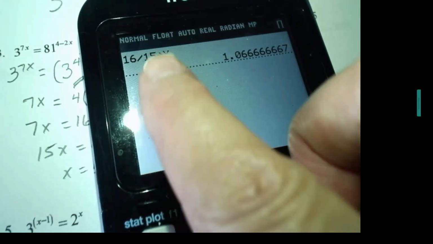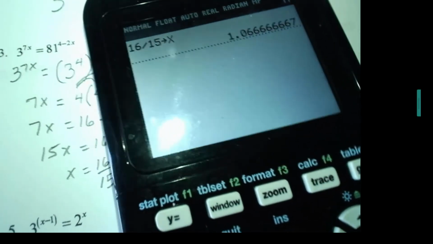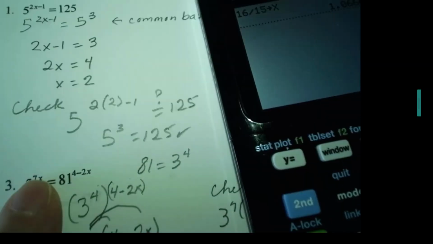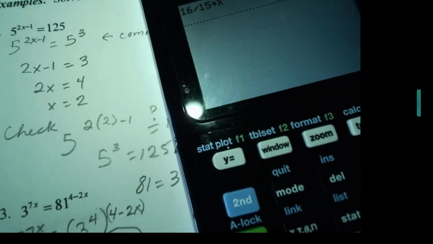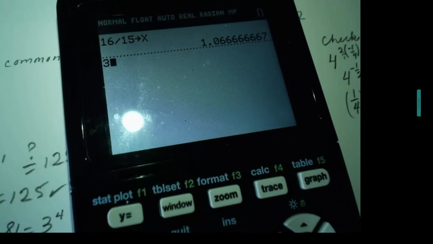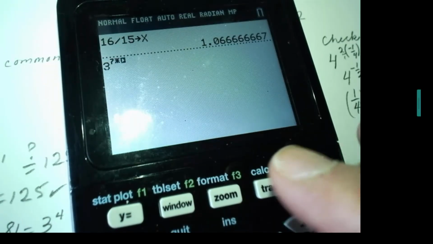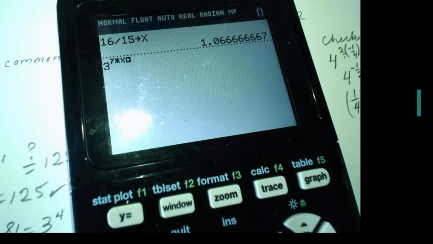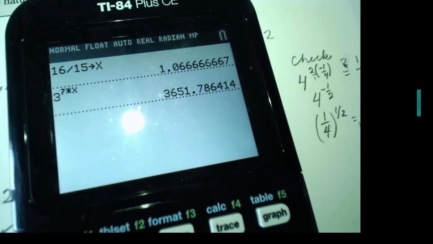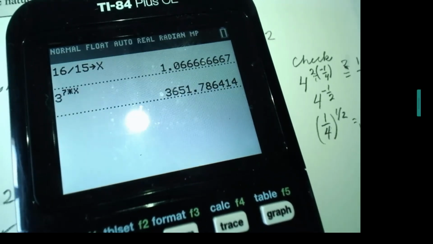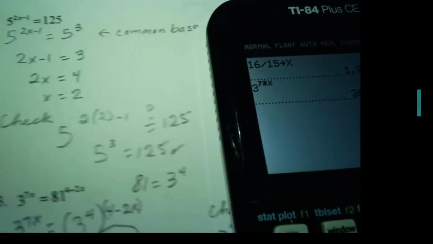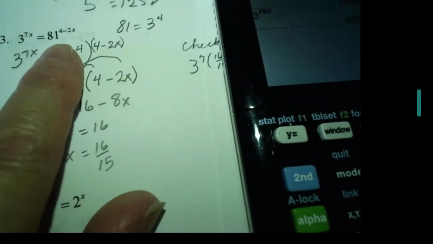Okay, but now you've got that answer stored in x, and what we want to check is what's 3 to the 7x, right? So let's do that. So 3 to the 7 times x. Okay, and I get this answer, right? And now I'm going to do the other side of the equation, which was 81 to the 4 minus 2x.